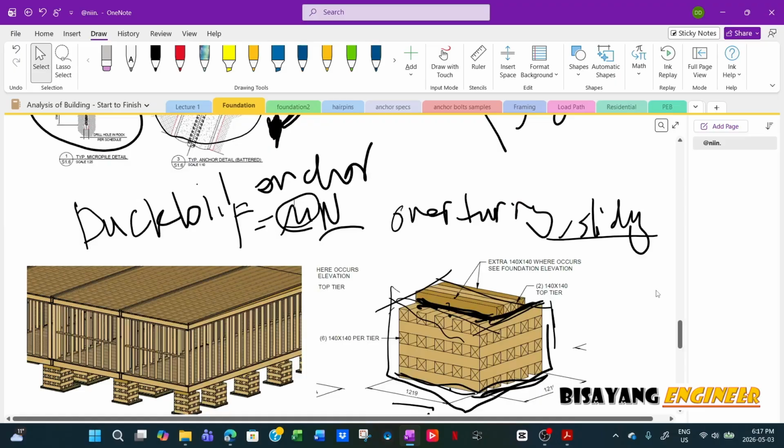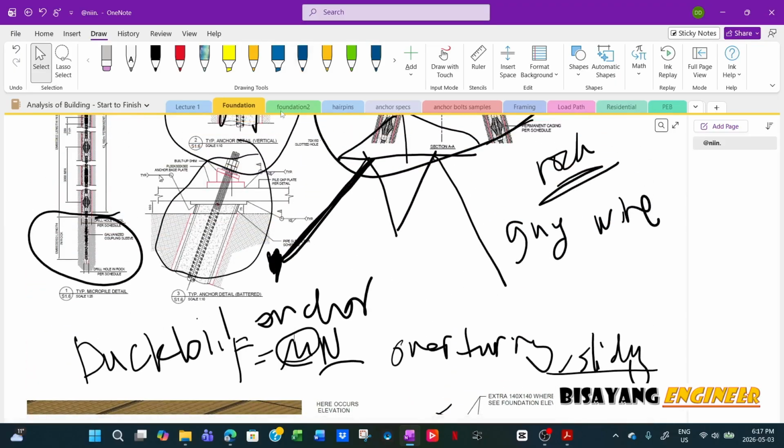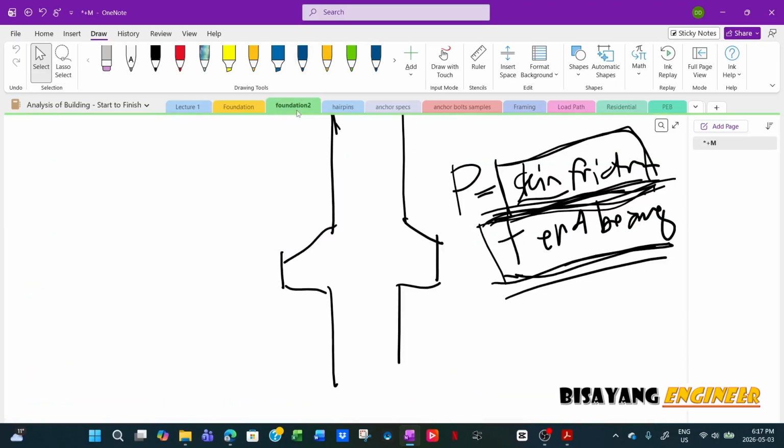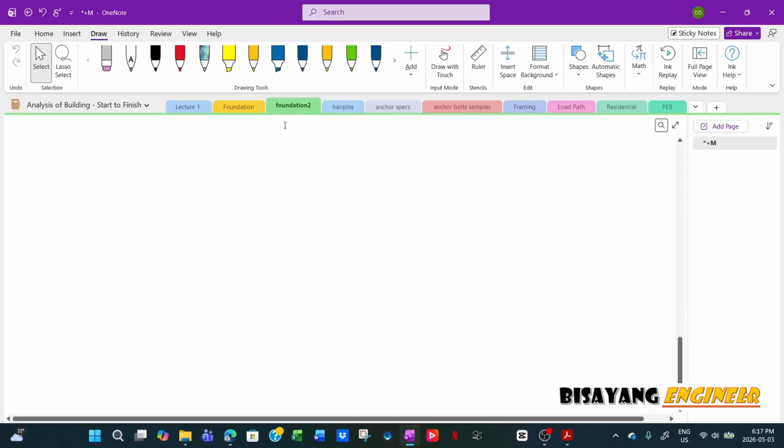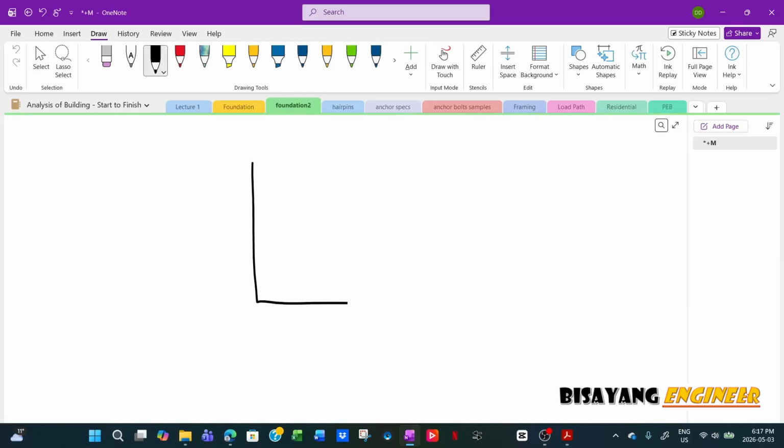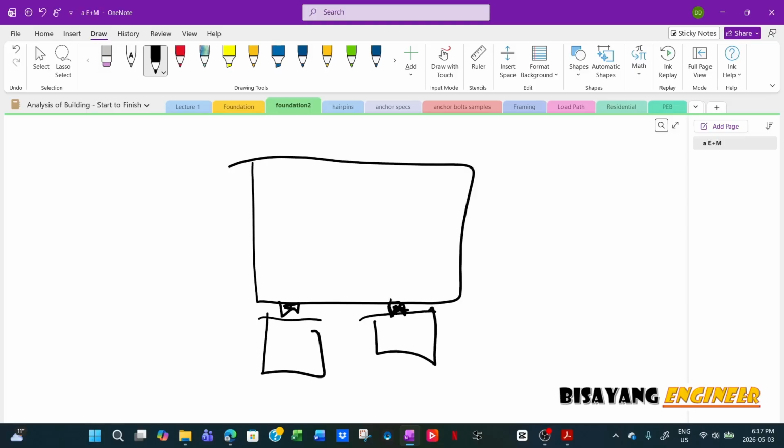So if this is the building, and then it's elevated because you have a skid, and then you will have your timber cribbing here, and then you will have your timber mat, then all you have to do is basically anchor this one to the ground.